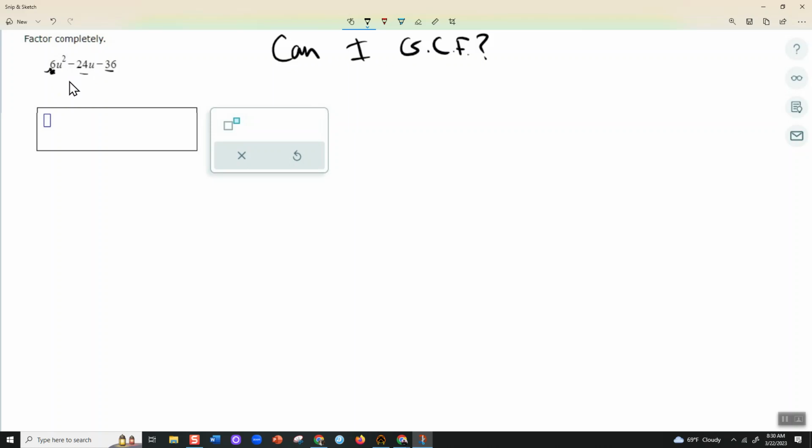And if you know your factors of 6, your multiples of 6, you'll see that, yeah, 6 is the common factor there. So I can take out the 6 and end up with u squared. 24 divided by 6 is 4. Still have the u. 36 divided by 6 is 6. Now I have that 6 factored out, so it's reduced to u squared minus 4u minus 6.